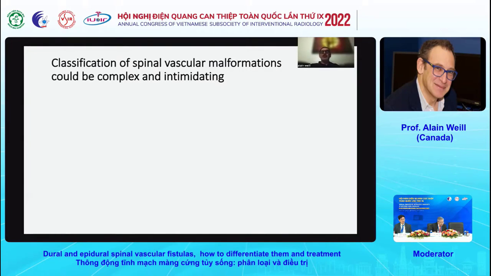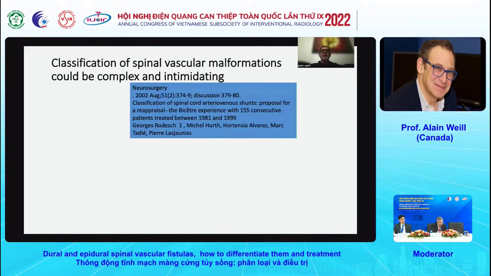The classification of vascular malformation could be difficult and intimidating. And actually there is a lot of papers. In 2002, this one obviously from Pierre Lajeunesse tried to classify them.